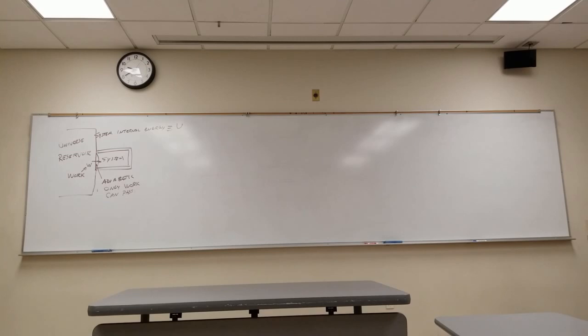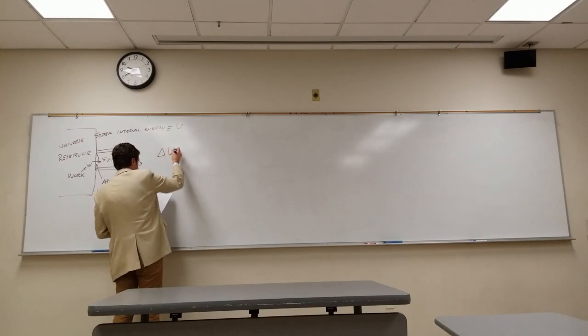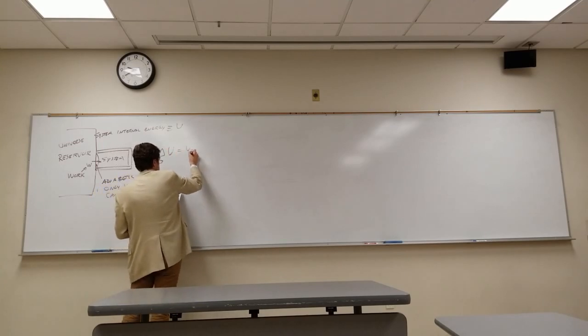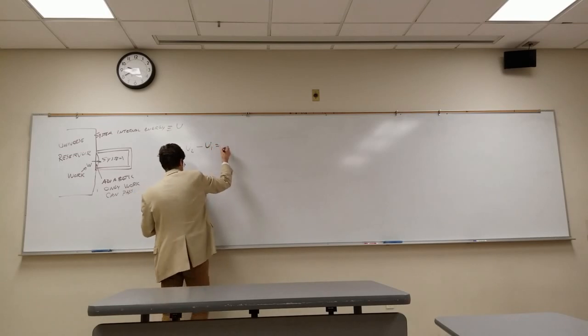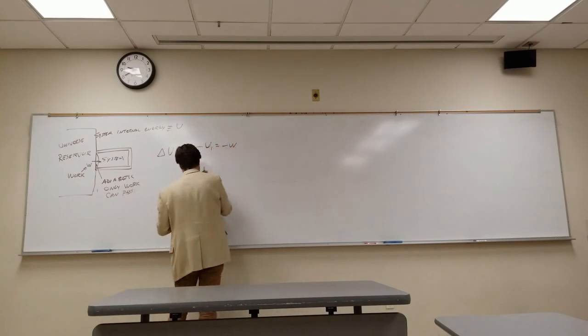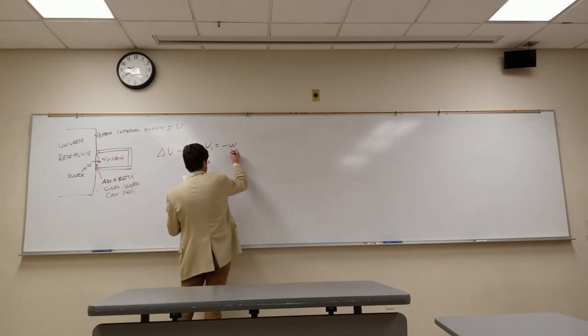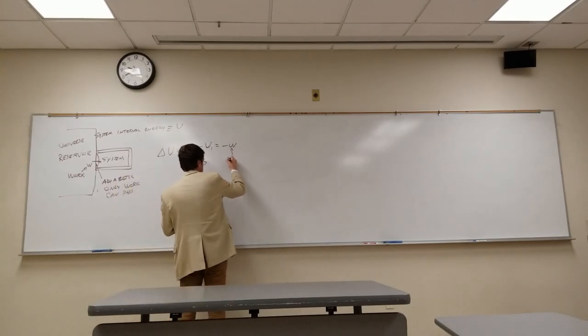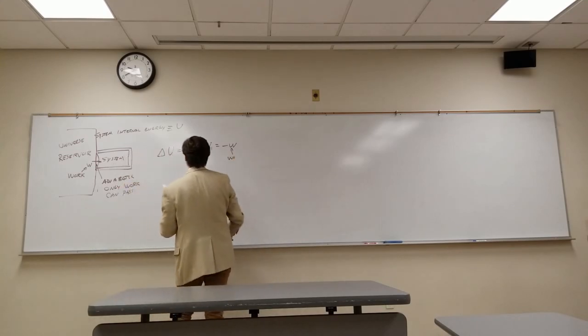work. So now, if our system changes from state 1 to state 2, U2 minus U1 is equal to negative W. Well, hang on, I need to define another term here.